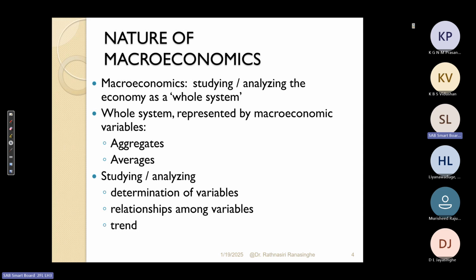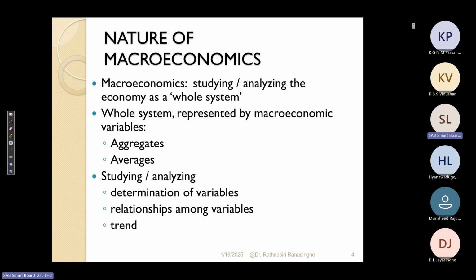The behavior of all these variables, together with the macroeconomic aggregates, explains the economy. We look at what determines the variables and what kind of relationship there is, because if one variable changes, it will affect the other variables.